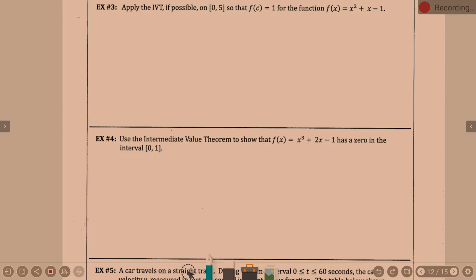Okay. Is x squared plus x minus 1 continuous? Yes. This falls into the category that it's a polynomial, which is just your x terms added or subtracted, no x's in the denominator. Besides the fact you guys know this as a parabola, but any type of polynomial is good.